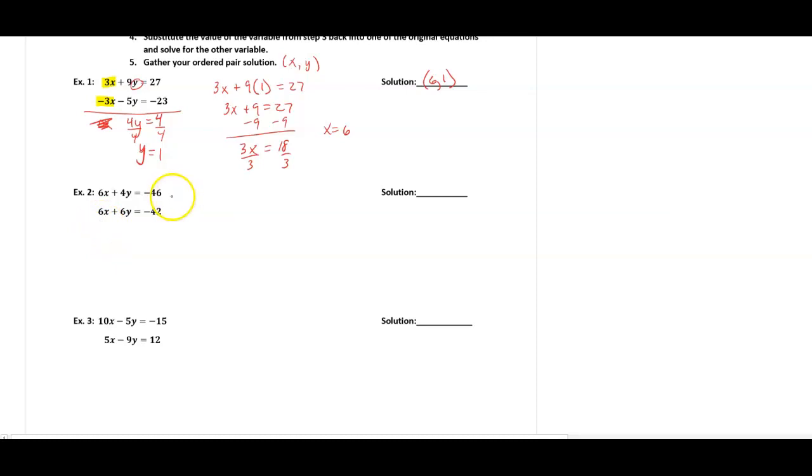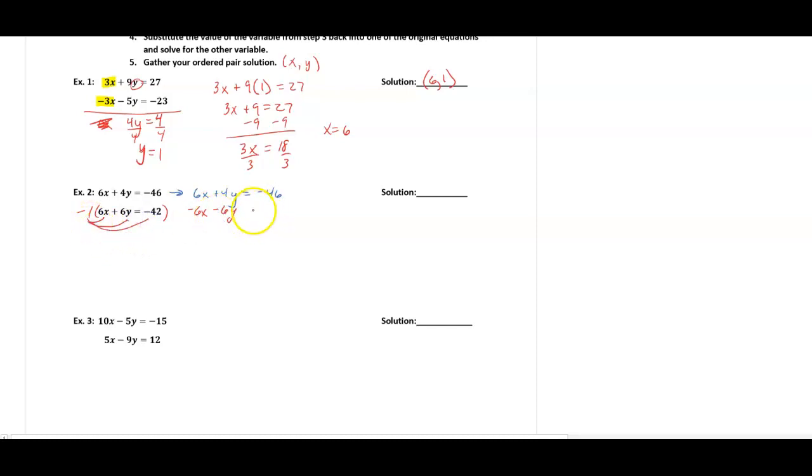So notice here, we're going to keep this first equation, 6x plus 4y equals negative 46. But what I'm going to do is take the second equation and multiply everything by negative 1. Negative 1 times 6x is negative 6x. Negative 1 times 6y is minus 6y.